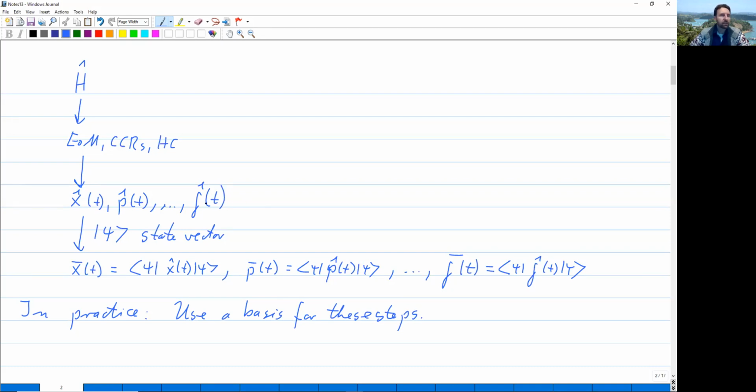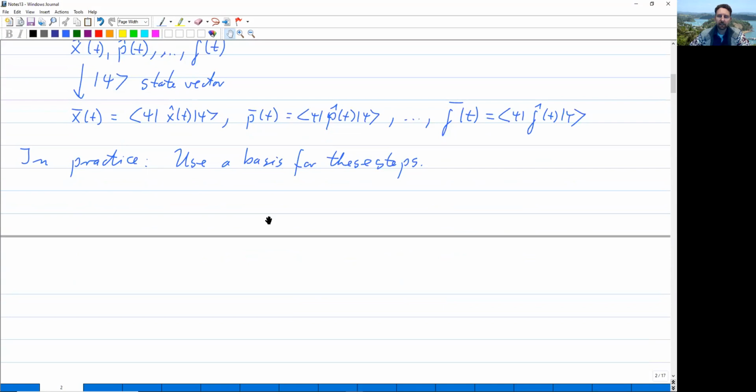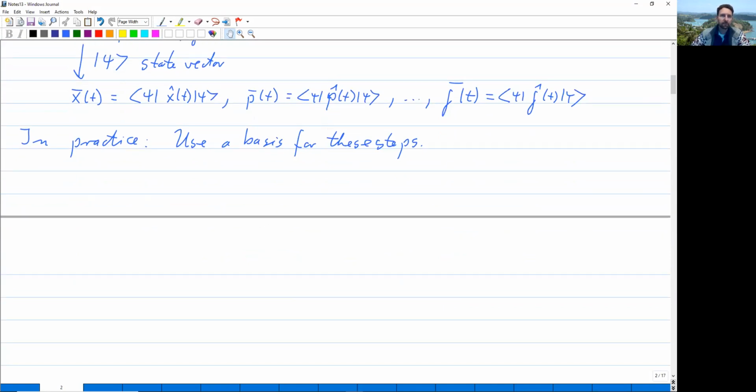It's not so convenient generally to work with the abstract operators and the abstract Hilbert space vectors, even though they are describing the physics directly. Mathematically, they're a little cumbersome to use. So in practice, we use a basis.